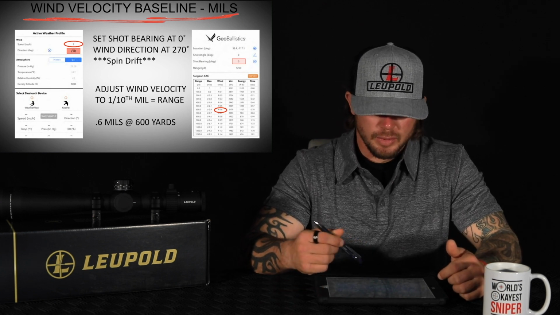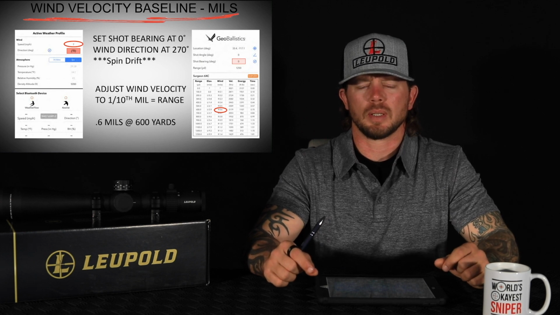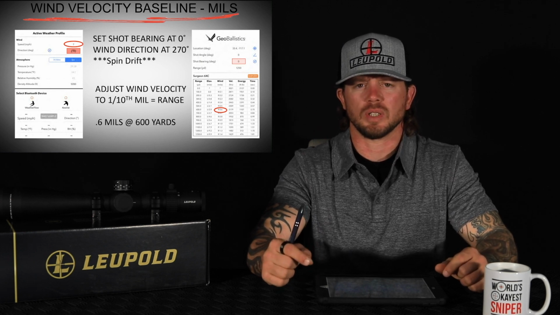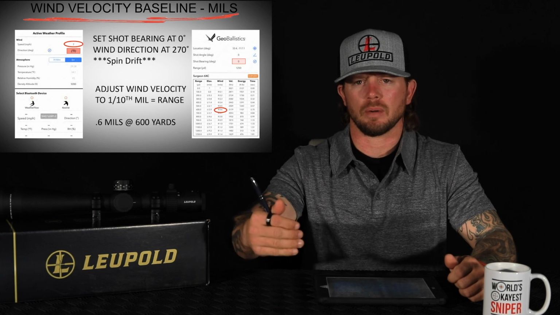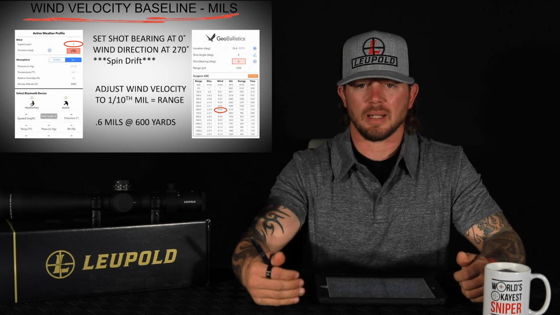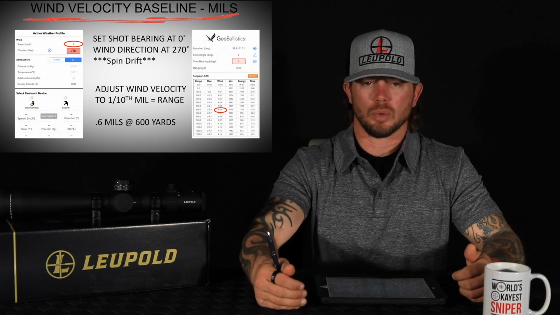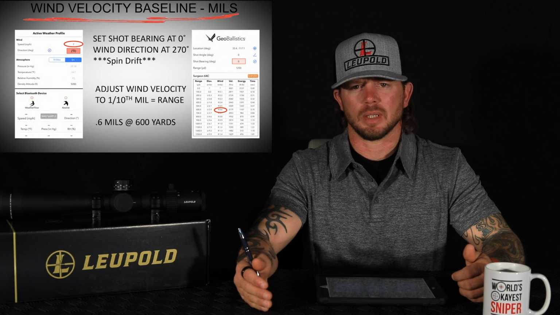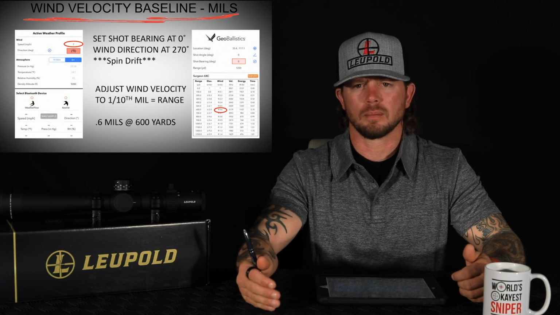Now, on the screen here, you should be able to see that I'm using 600 yards as my reference point. I am going to adjust my wind speed, whether it be 5 miles an hour, 4, 7, 8, 10 miles an hour, whatever that wind speed is, so that 600 yards is going to equal a 0.6 mil wind correction.